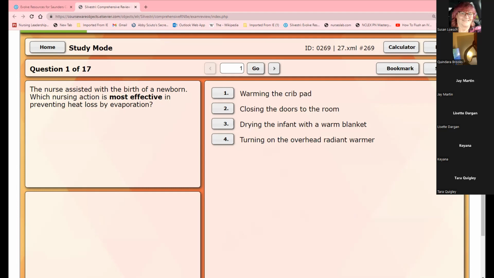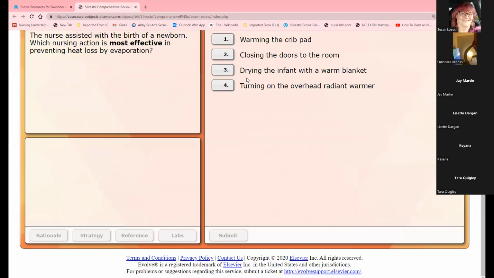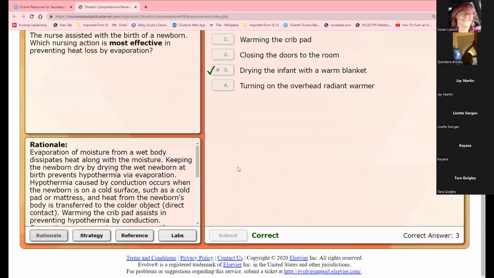Now, once I've gone through those things and I've thought about that, I'm going to go here to my rationale. I'm not going to write the whole rationale because the rationale only applies to that question. But is there anything that I didn't mention that I might want to add to my flashcard that might help me answer more questions?